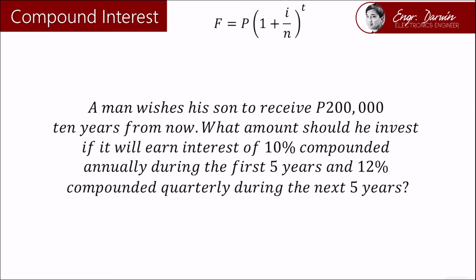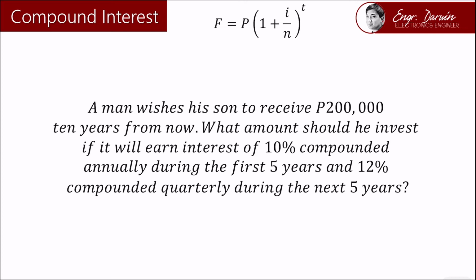What amount should the father invest so that it will earn an interest of 10% compounded annually during the first 5 years and 12% compounded quarterly during the next 5 years.